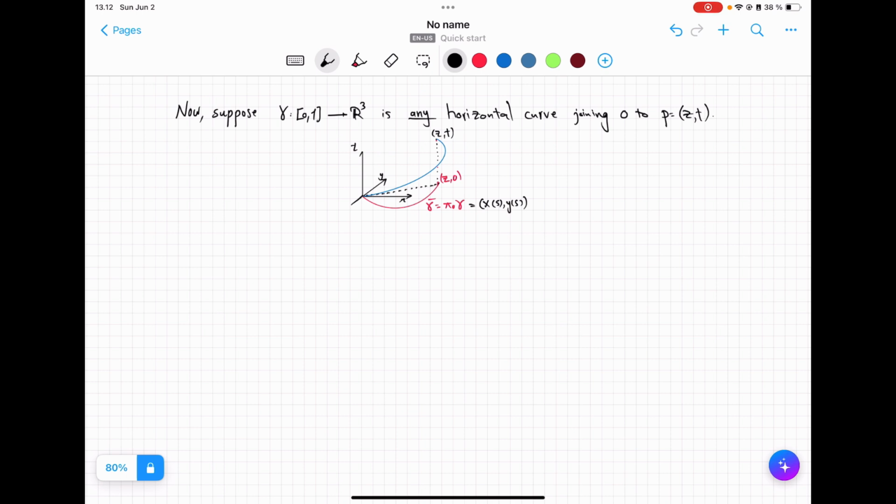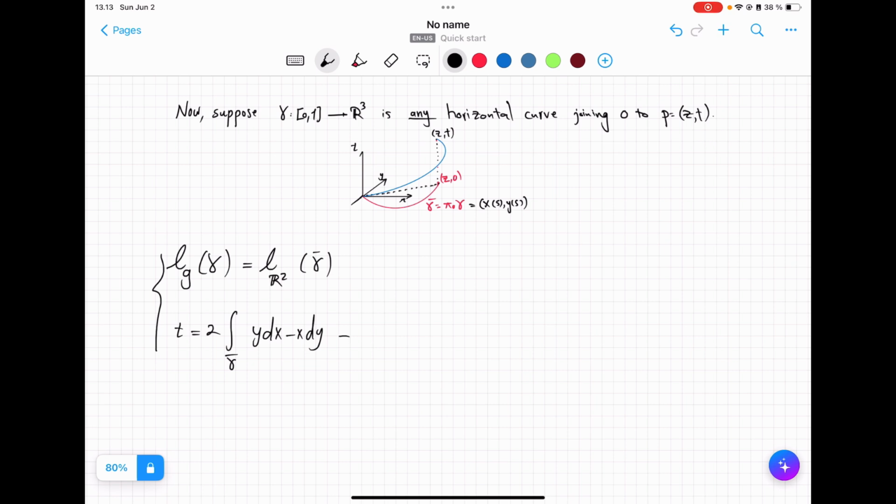Now, what do we know about these objects? First of all, we know that the horizontal length of gamma, which is used in definition of Carnot-Caratheodory distance, is equal to the length in the plane of its projection. The second fact we know is that t is equal to twice the integral over the projection curve of the form y dx minus x dy.